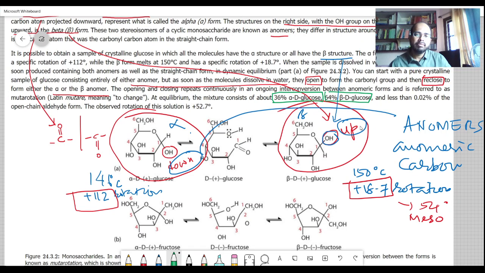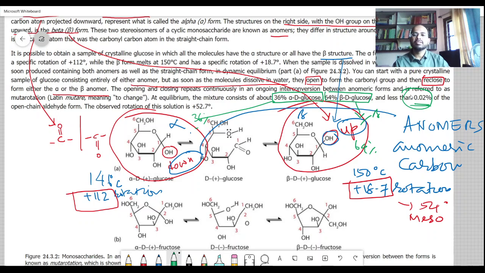So remember, beta means up. This one is about 64%, and this one is about 36%. And less than 0.02% is the open chain. So very little, almost not at all present.